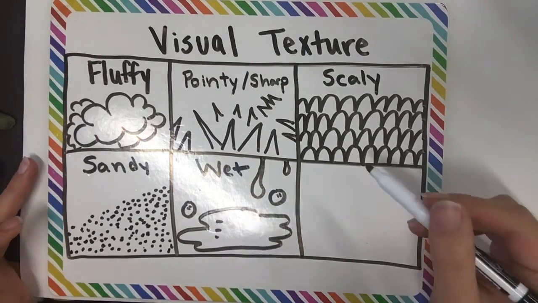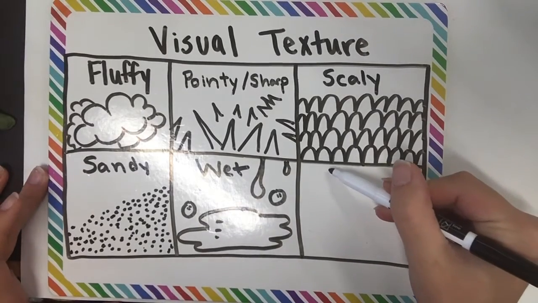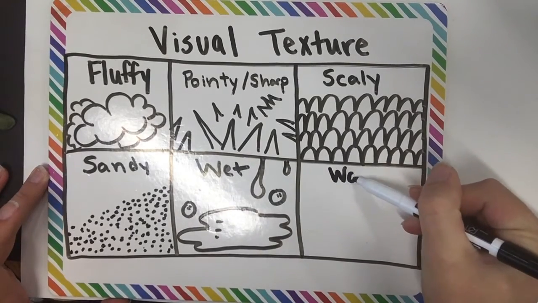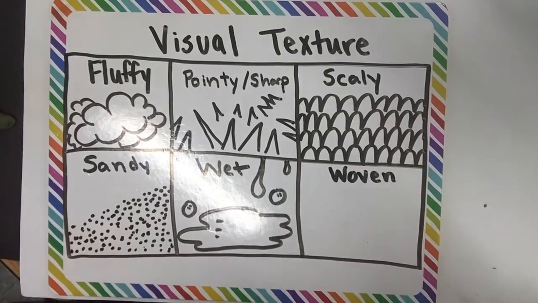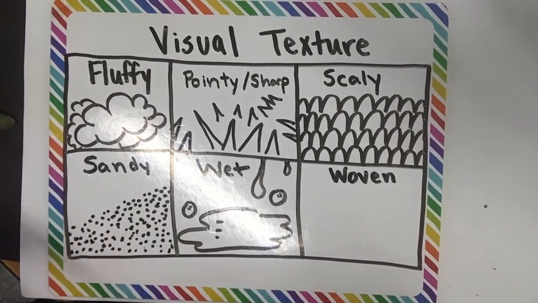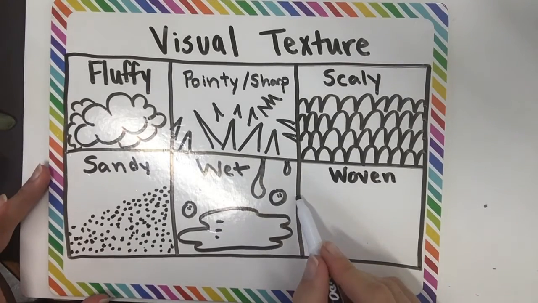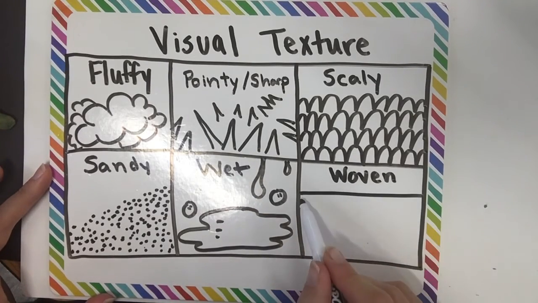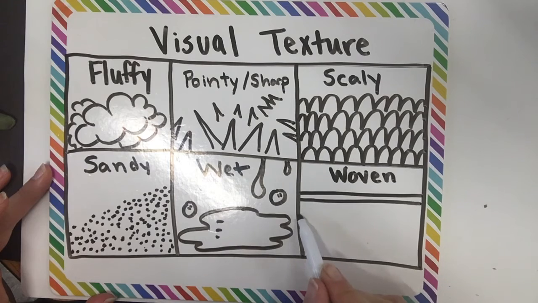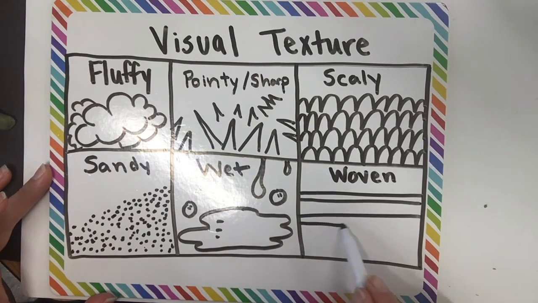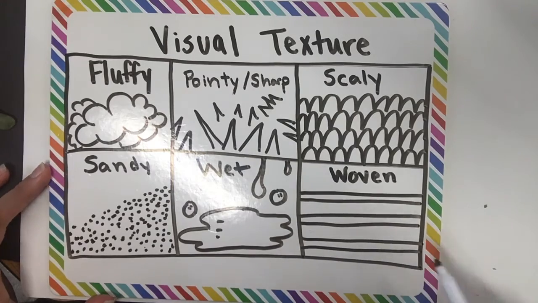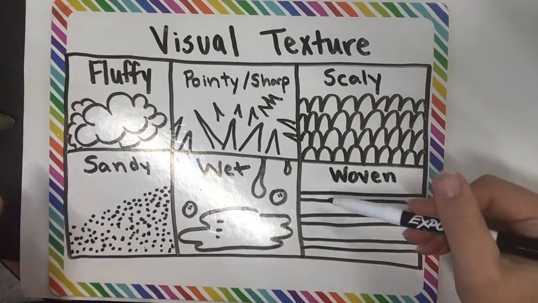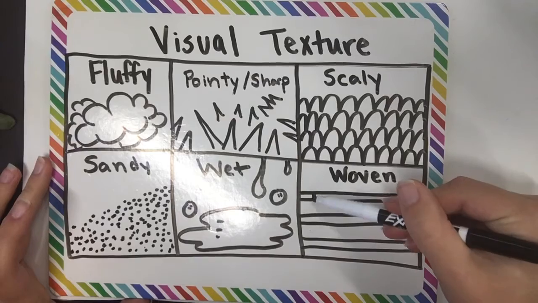I saved the hardest one for last, but we see this a lot in fabric, or if you were drawing a blanket or a rug or a basket. We have a woven texture. For woven, I like to kind of make my lines go one way, left to right. I'm doing kind of a double line here. And then when I draw my next set of lines, I'm going to have this kind of over-under pattern.